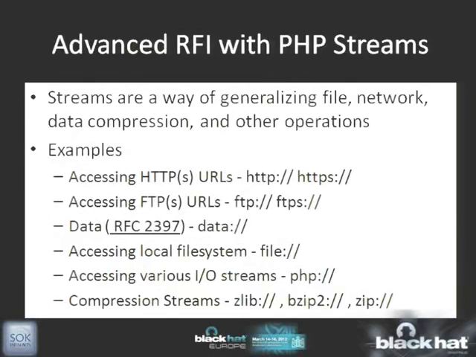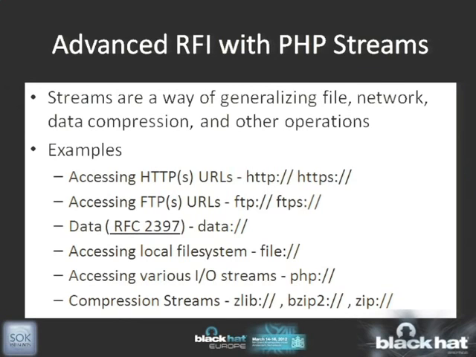Okay, let's move on to another way of exploiting RFI, remote file inclusion, by using PHP streams. Streams are a way of generalizing file, network, data compression, and other operations to give a uniform interface that deals with the input stream and output stream.